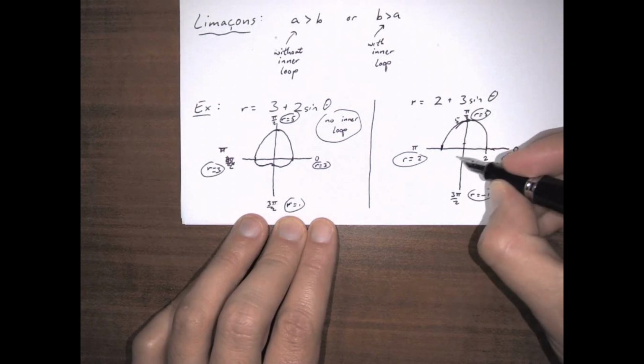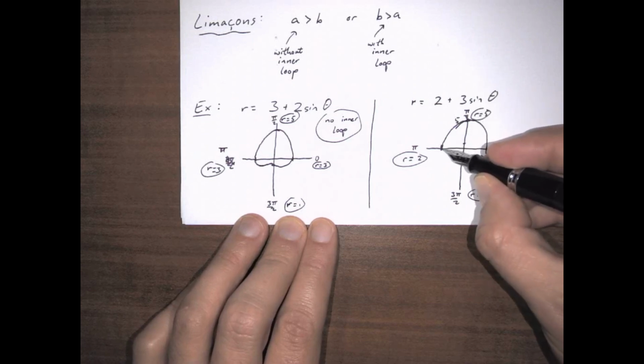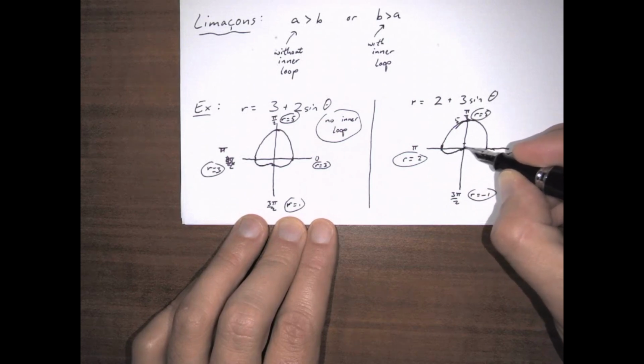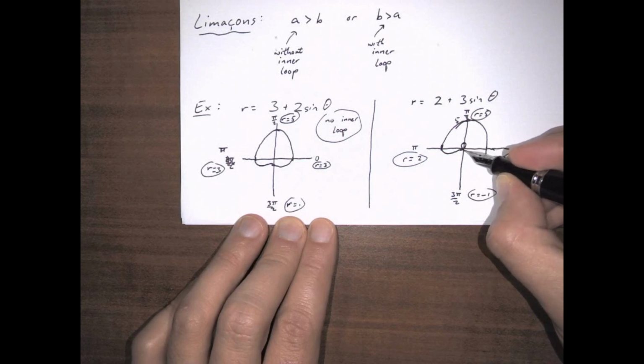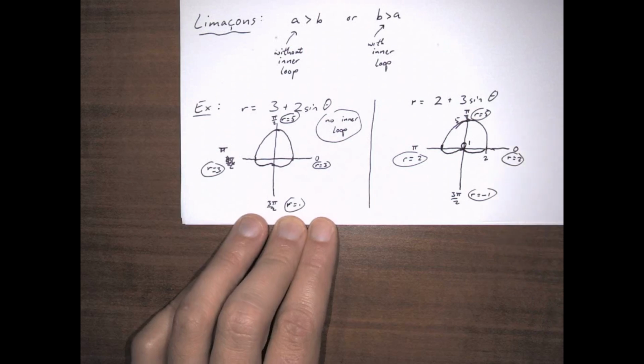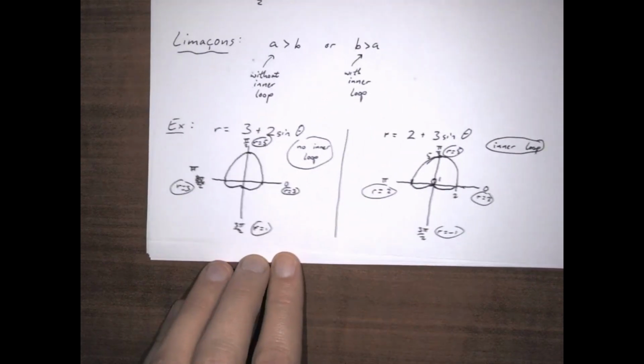It's this other part. So what happens is here at some point in this quadrant, at some angle, the radius becomes 0, and then it's less than 0, and we get the inner loop right there. All right. So that's another category.